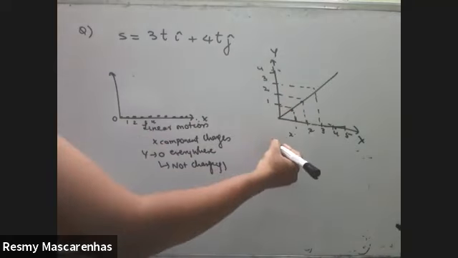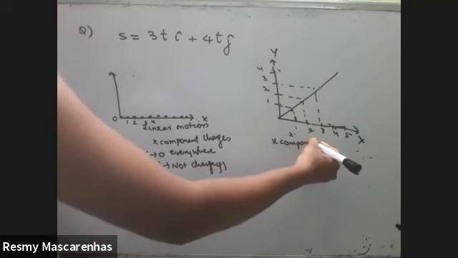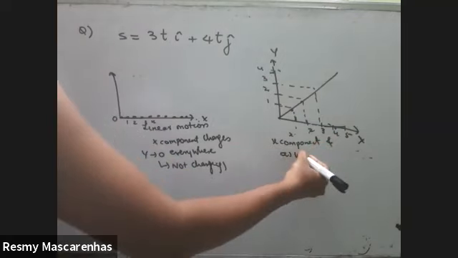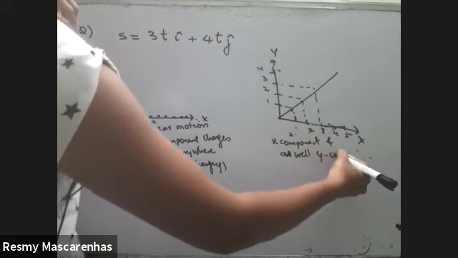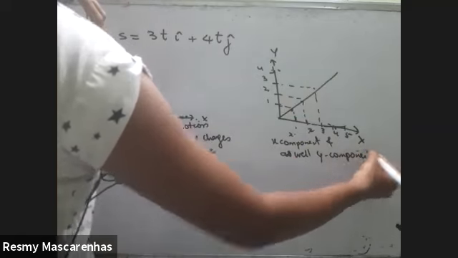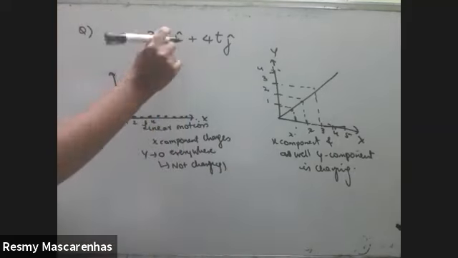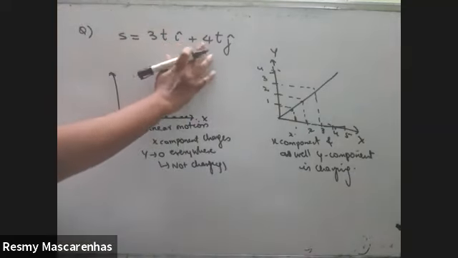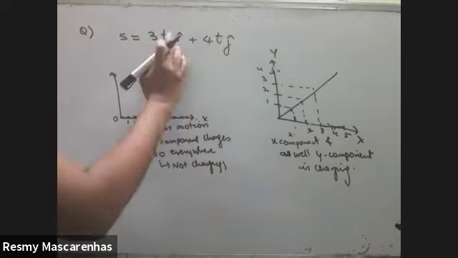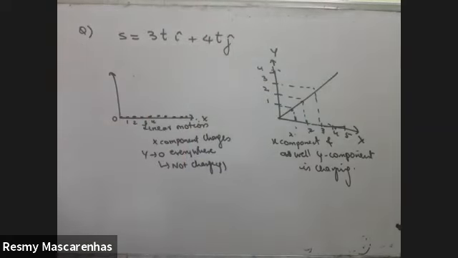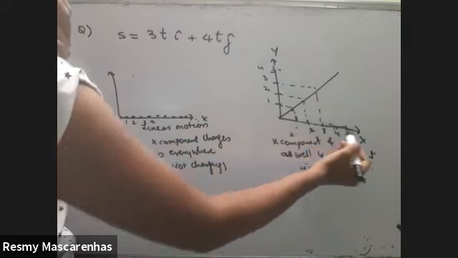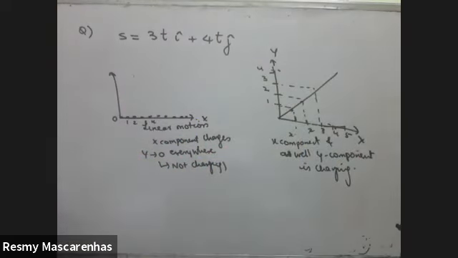So in this type, the x component as well as the y component is changing. So basically, it's trying to say that the person is moving somewhere like this, so x as well as y component is changing. So don't think he's running along the x line first and then along the y line. It doesn't mean that way. Just that when he's moving, both the x coordinate as well as the y coordinate are changing.